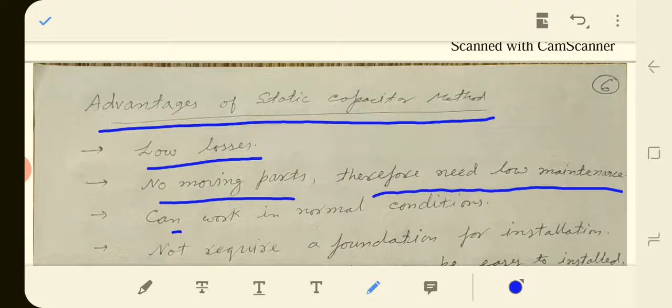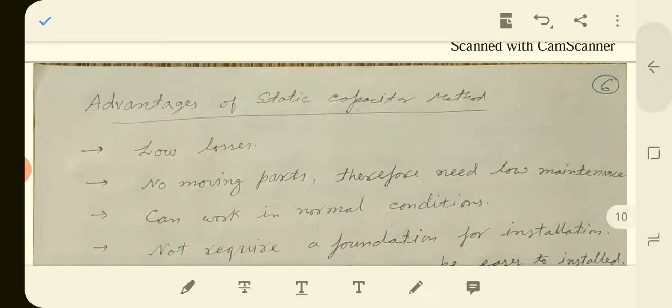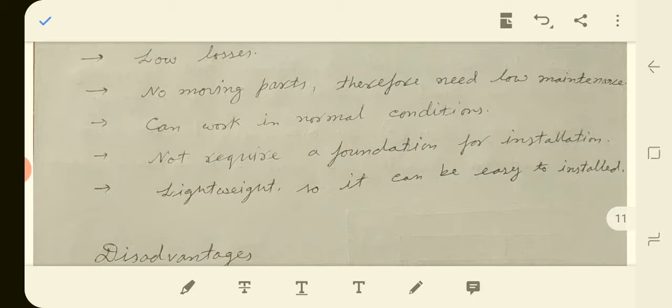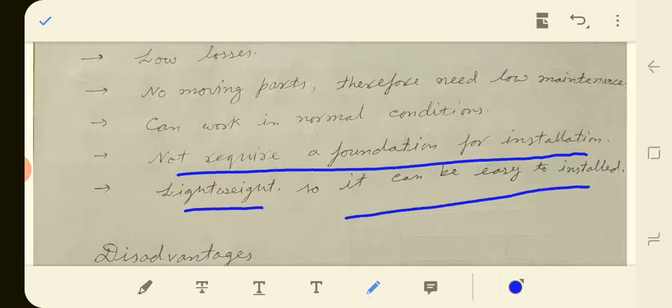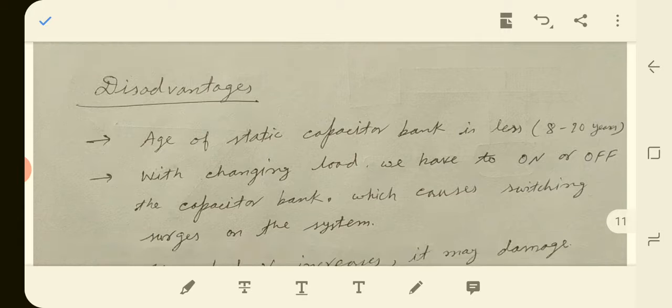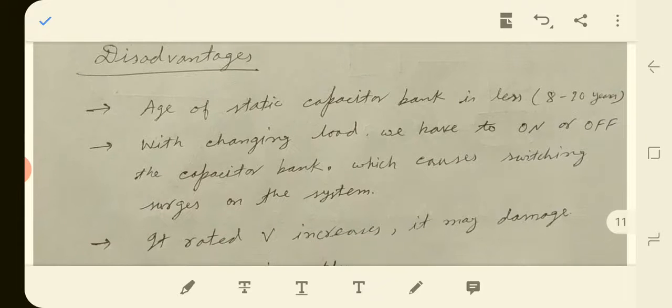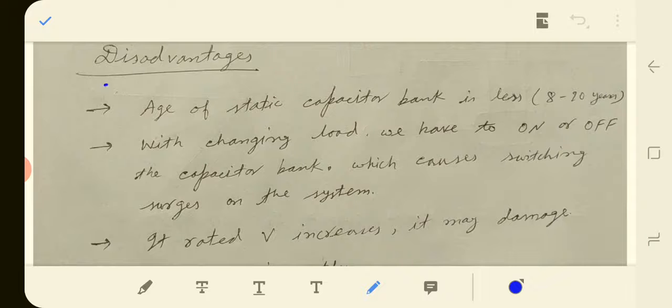The third is that it can work in normal condition. It does not require a foundation for installation, as a capacitor is not too heavy. The next is that it is lightweight, so it is easy to install.